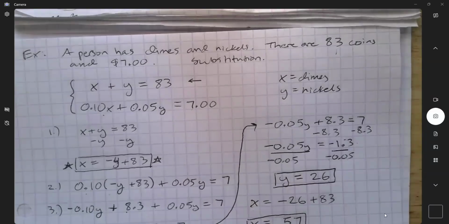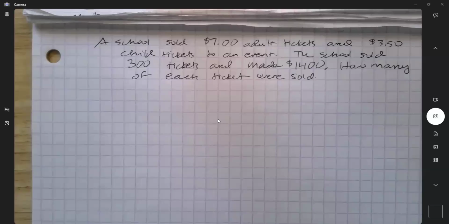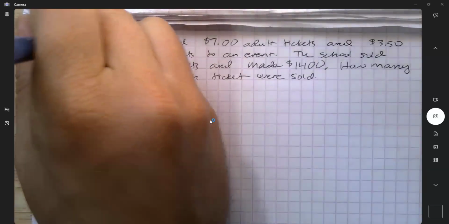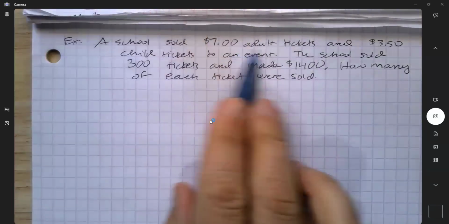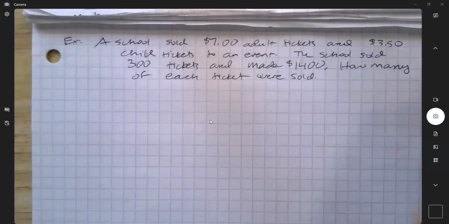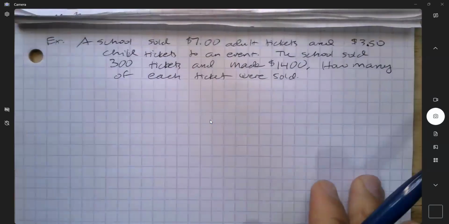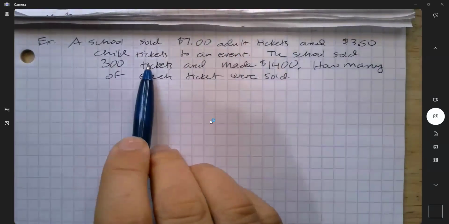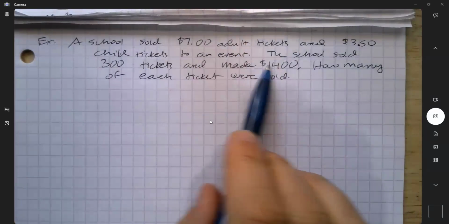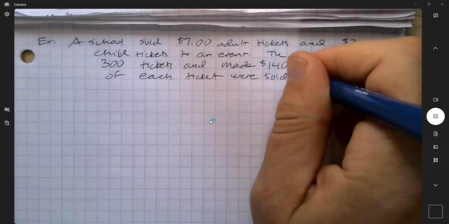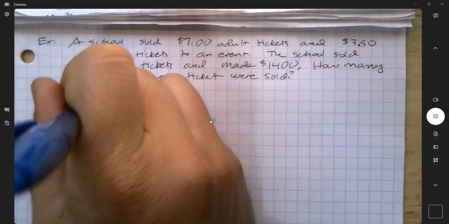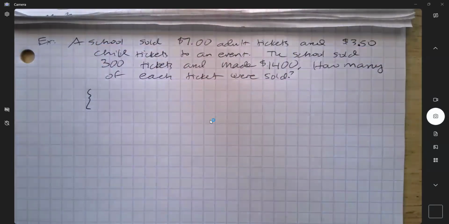Okay, I'll write down another one, and then I'll solve it using elimination. A school sold $7 adult tickets and $3.50 child tickets to an event. The school sold 300 tickets total and made $1,400. How many of each ticket were sold? So again, before we do our symbolic or our graphical, we're going to need to build a system of equations.